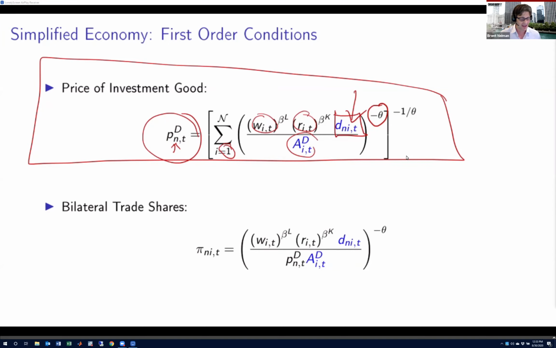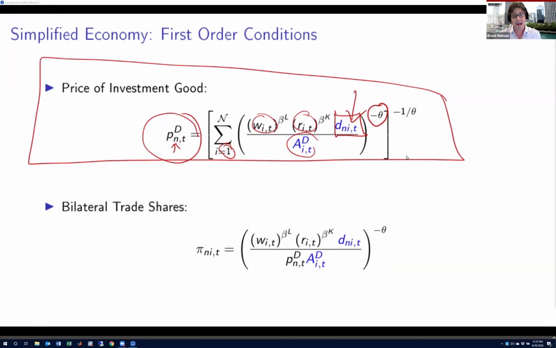Also, again, remember that this is the simplified model where there are no intermediate inputs, which is why all I care about in other countries here is their wage and their rental rate and their productivity. But in the richer model, where intermediate inputs are also used in production, then I also care about the price of all of those intermediates, again, all around the world.